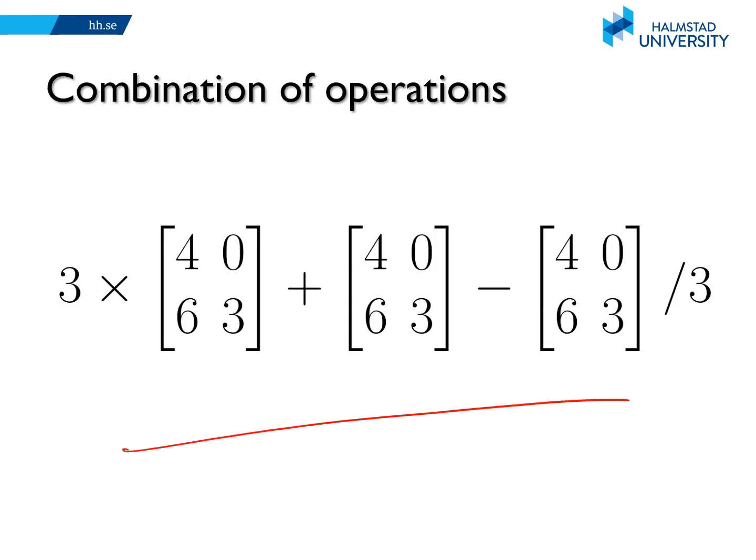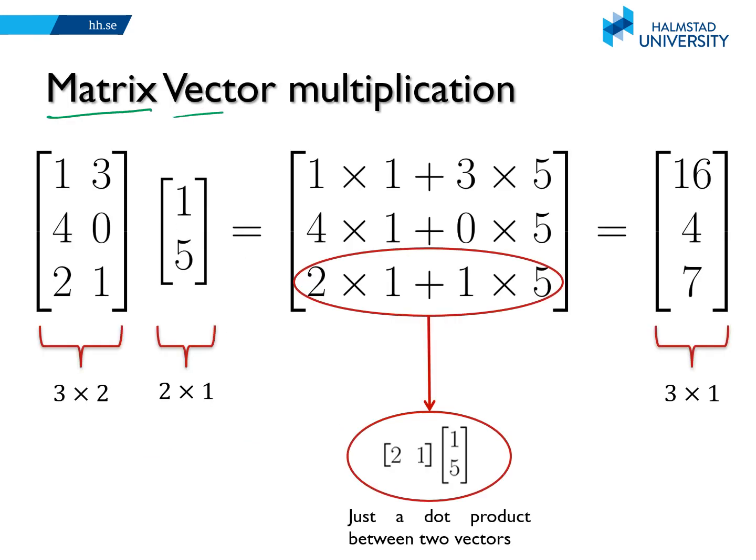And of course, you can also combine several operations. You can multiply a matrix by a vector, or more generally a matrix by a matrix, since a vector is just a matrix with one column. So if you have a matrix A and another matrix B, then you can multiply those two matrices under the condition that the number of columns in the first matrix is equal to the number of rows in the second matrix. In this example, we have 2 columns in the first matrix and 2 rows in the second matrix, so this multiplication is possible.